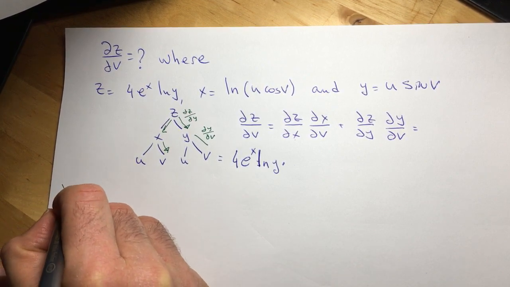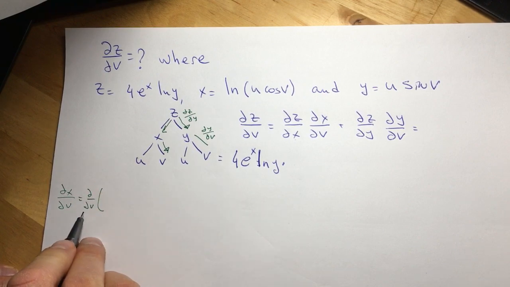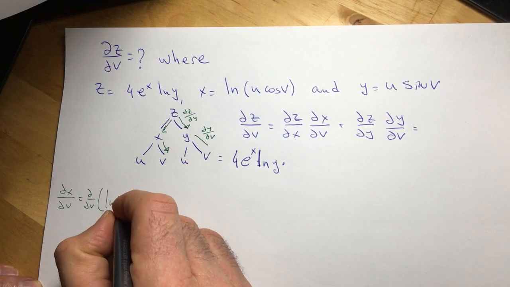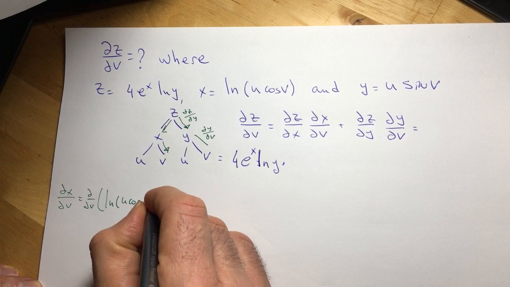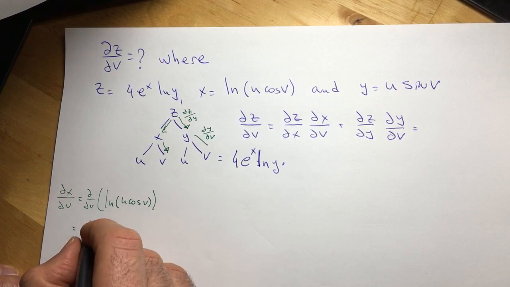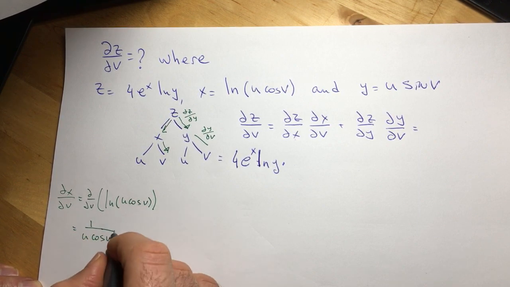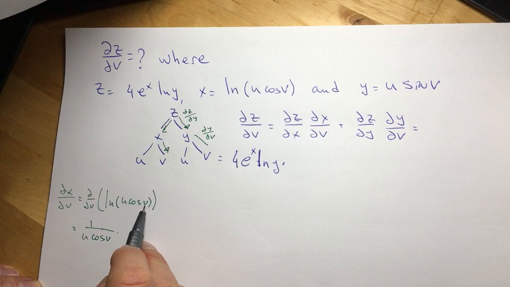You can actually evaluate that here on the side. Partial x, partial v is the partial derivative with respect to v of ln of u times cosine of v, which is equal to, you treat u as a constant, so that's going to be 1 over u times cosine of v, right? Times the derivative of u times cosine of v.